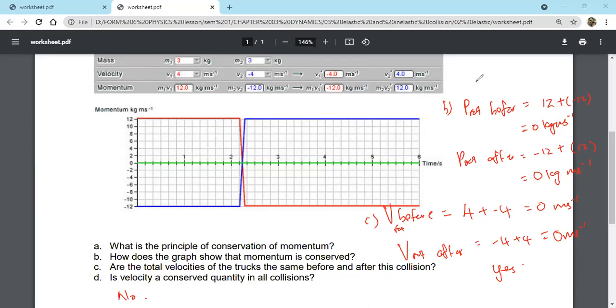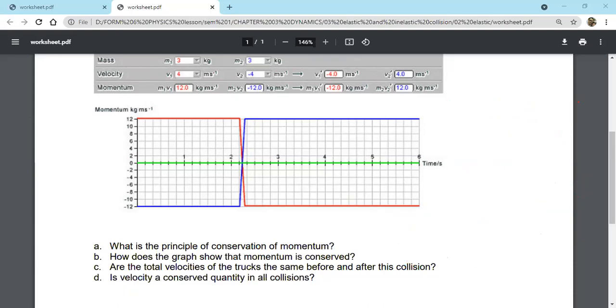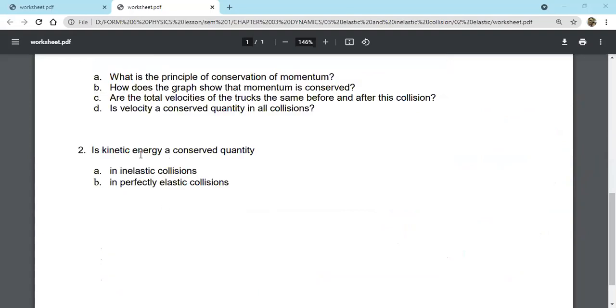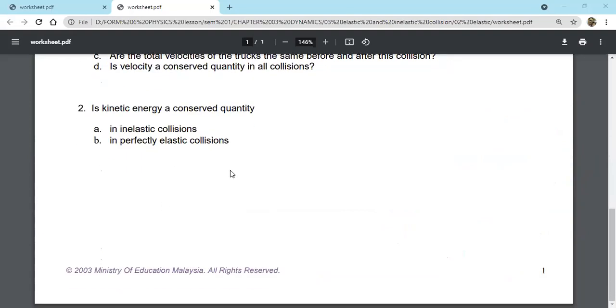So question number 2: is kinetic energy a conserved quantity? Kinetic energy is conserved in an elastic collision.